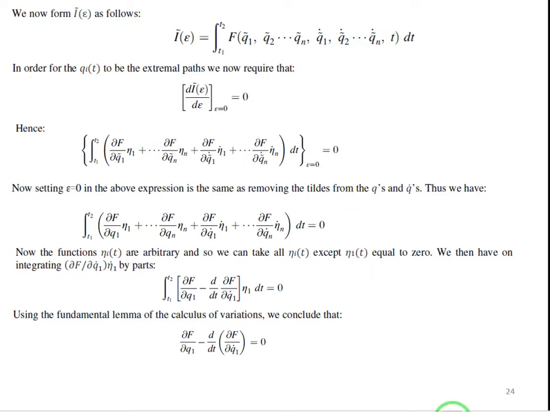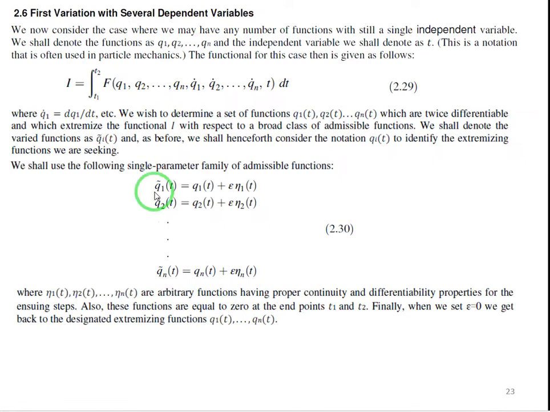From the previous slide, we can easily say that q tilde dot 1 is equal to q dot 1 plus epsilon eta dot 1, q tilde dot 2 is equal to q dot 2 plus epsilon eta dot 2, and so on.